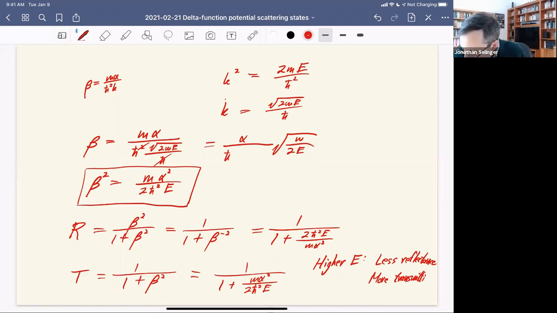That kind of makes sense. If we're shooting the particles from our source at a higher energy, more is going to get through, less is going to be reflected. On the other hand, if we're shooting the particles at a lower energy, then less will get through, more will be reflected. So that's something else that comes from this calculation.